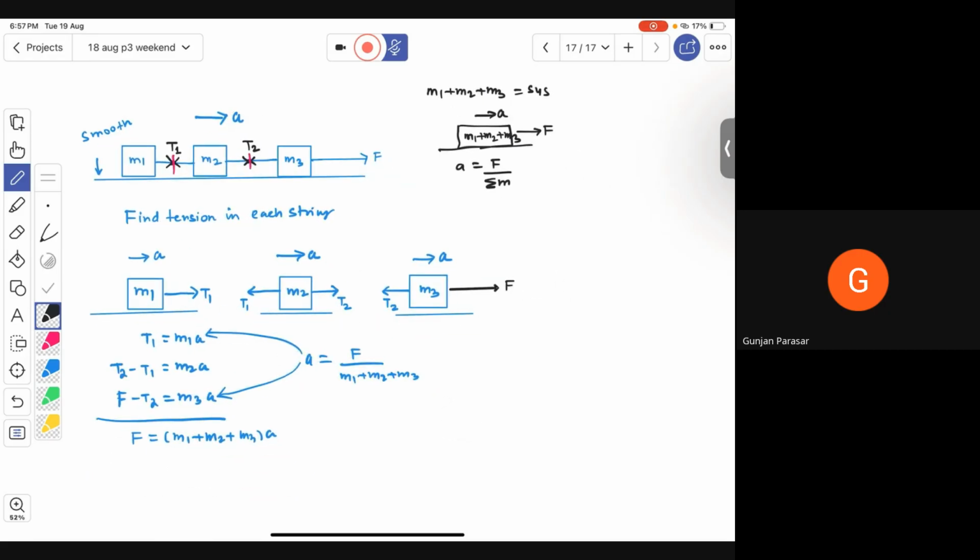Now, intentionally, I will take M1 as our system next, because T1 is the only force that acts on M1.